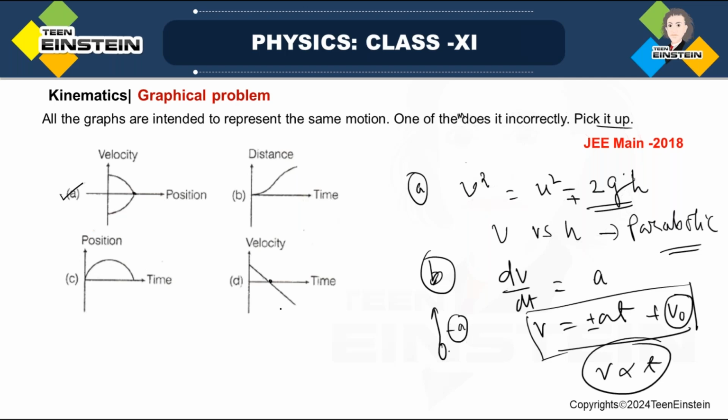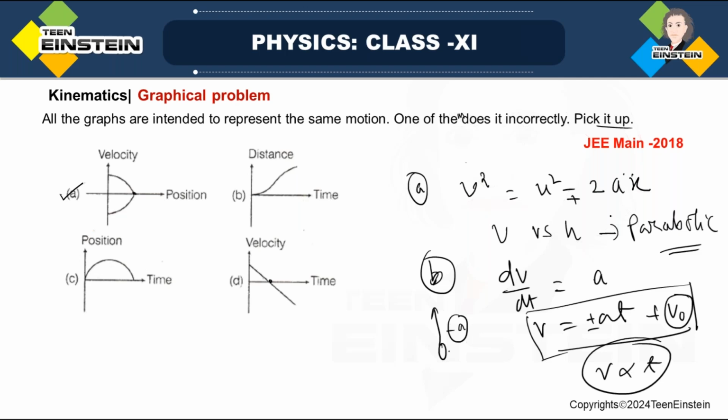Now look at this one, C. This is actually a position time curve, so we have to see it with respect to constant acceleration. Let me write the position as x.